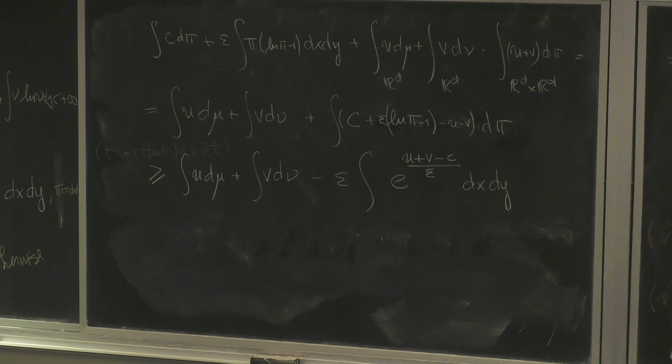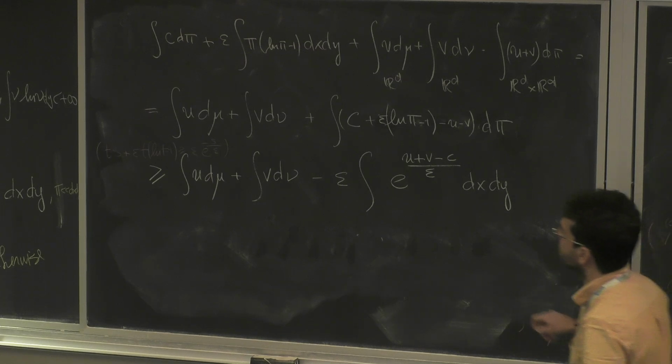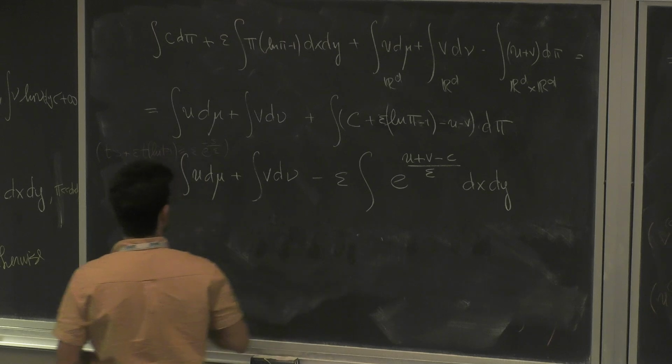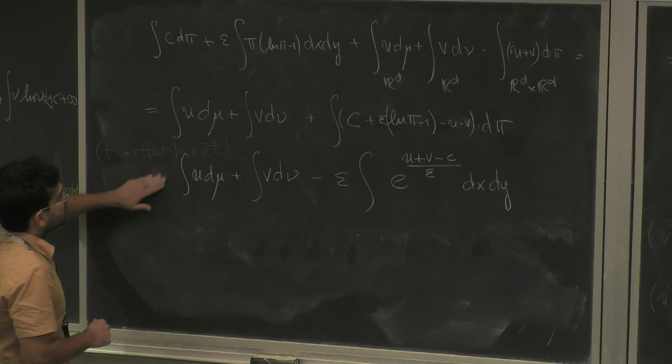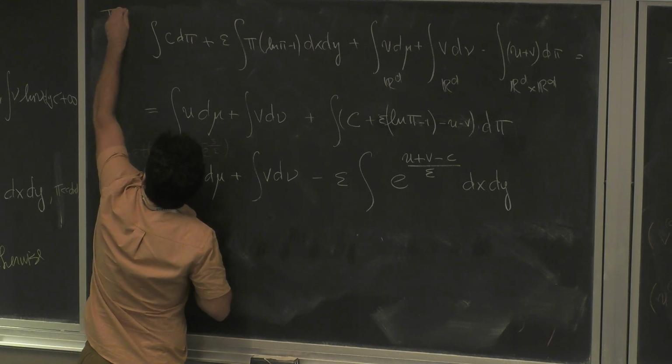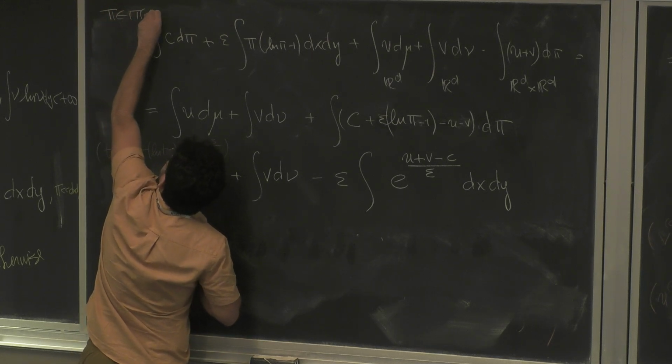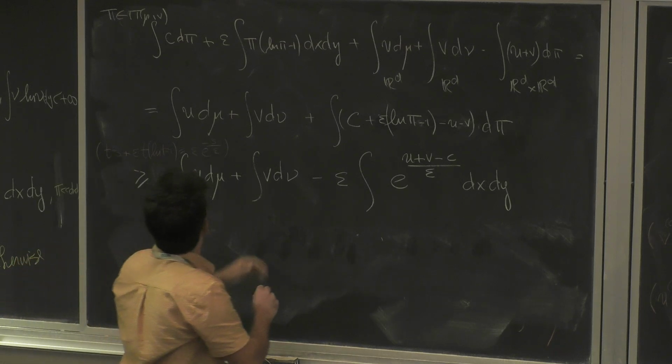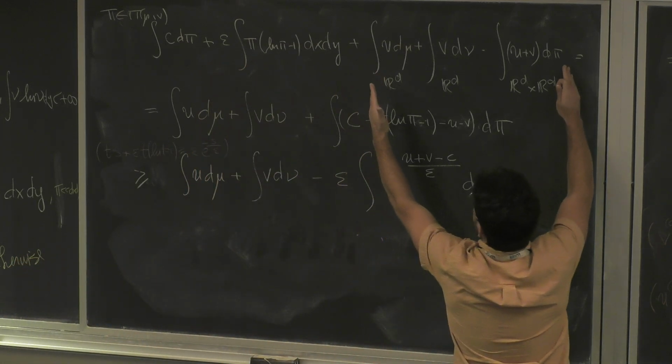If you want, I'm just using that the Legendre transform of the entropy is given by the Gibbs energy. In particular, if pi belongs to this set, then for any pi in this set I'm basically adding 0.